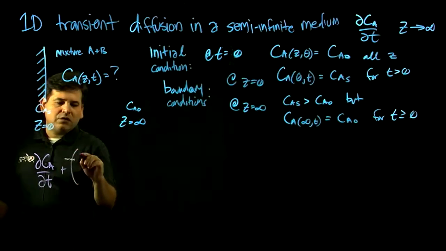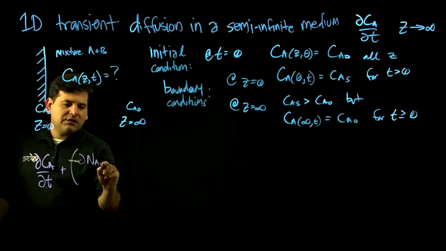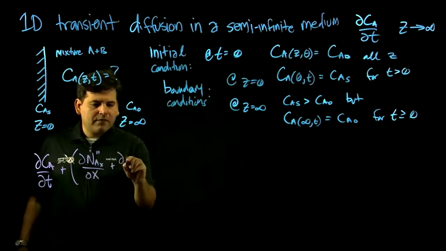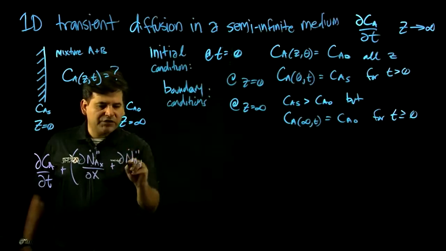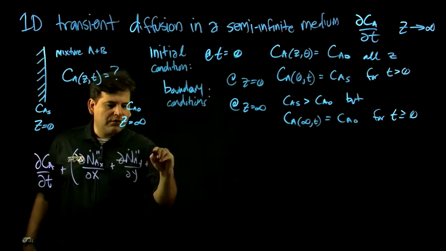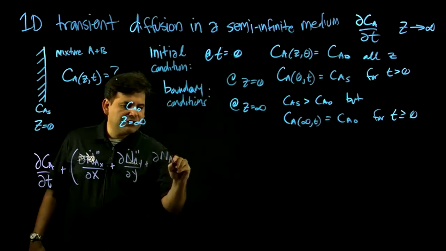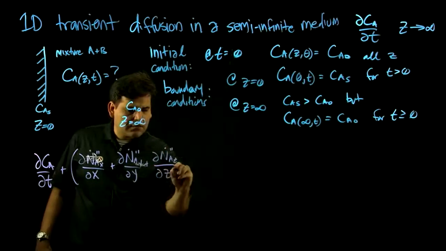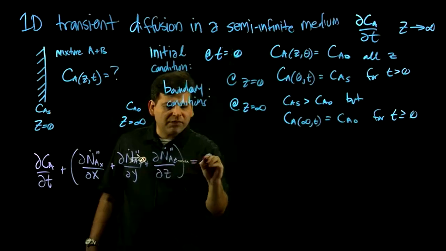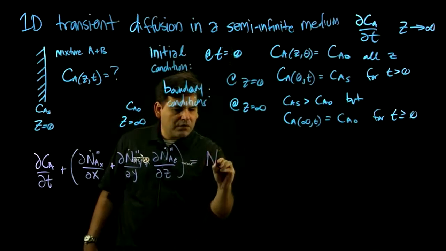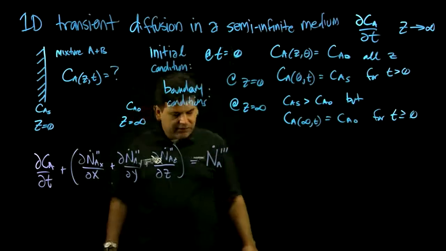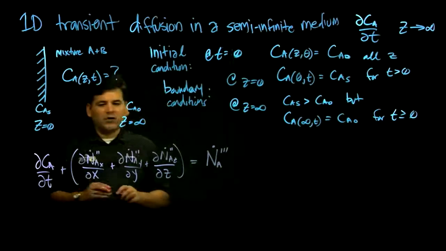Then it could also have different fluxes in different dimensions: the flux in the x direction, the flux in the y direction, and the flux in the z direction. And then there can also be a source term where this particular species can be produced over time or per volume.